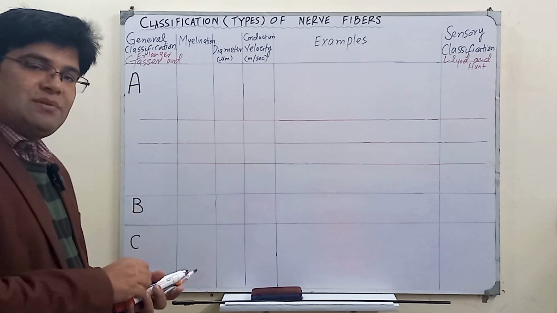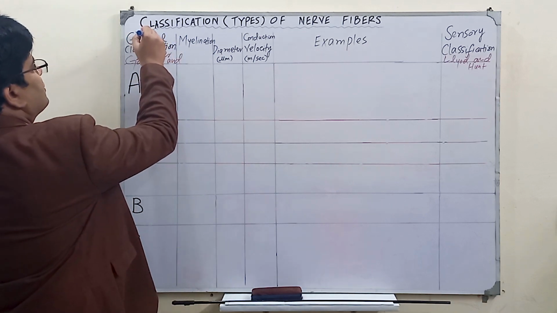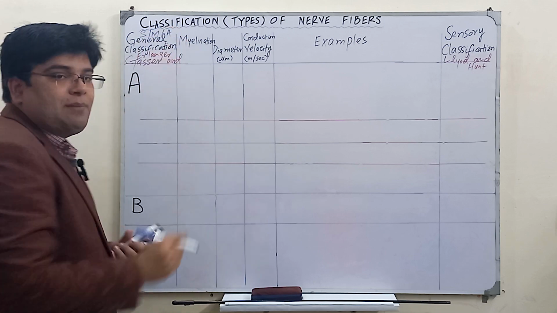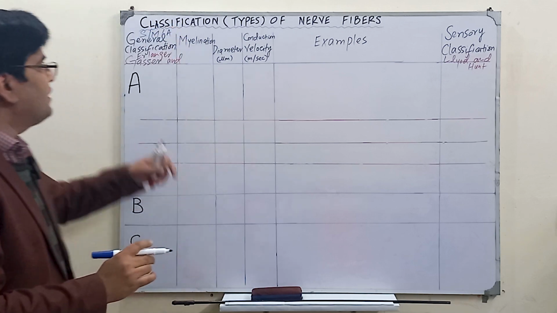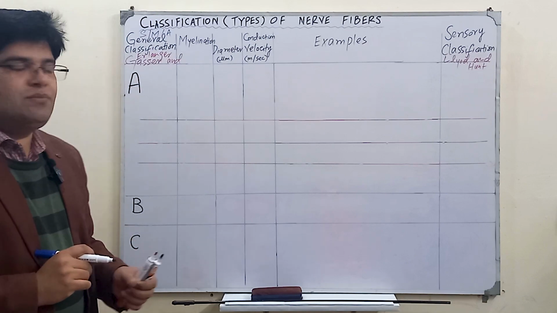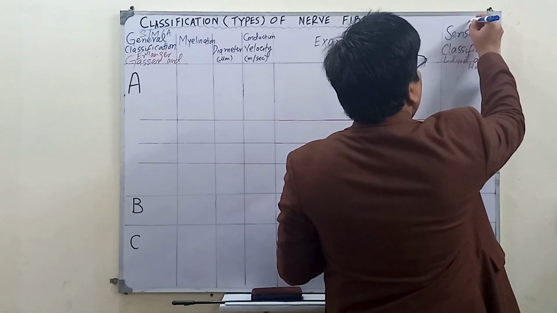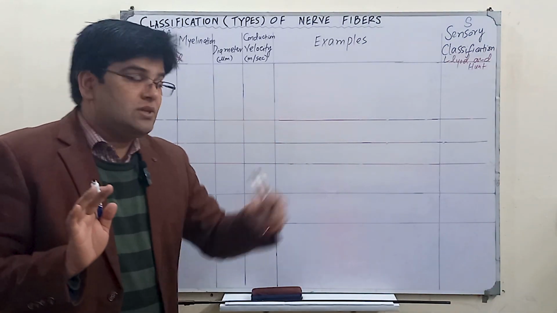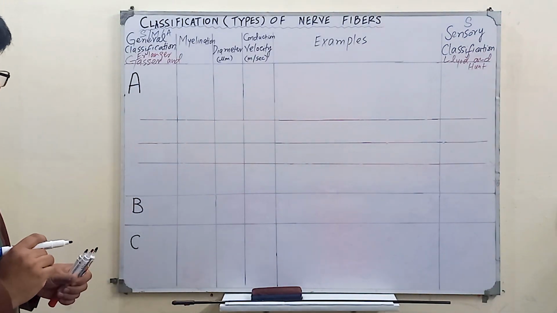So all three types, the somatic sensory, the motor, and the autonomic nerve fibers, are included in this general system of classification. But in the sensory classification of nerve fibers, only sensory nerve fibers are present. This is one difference between these two.